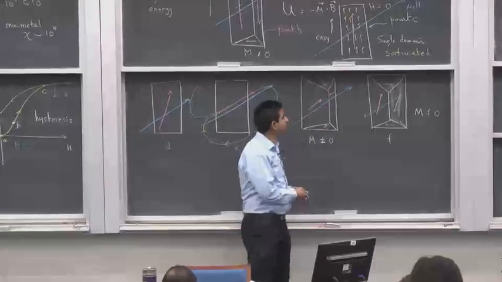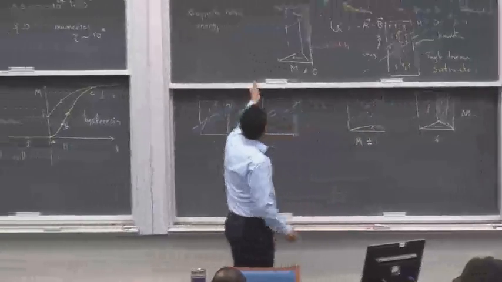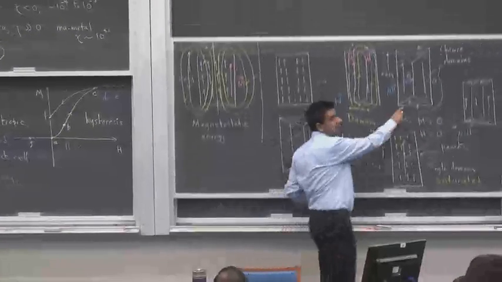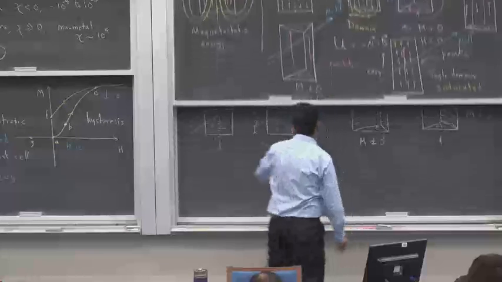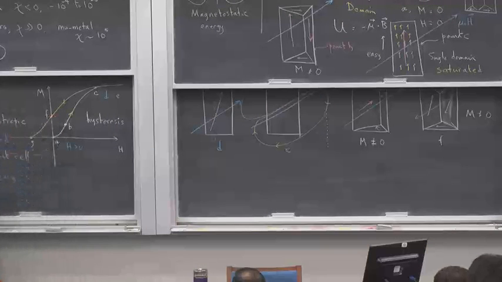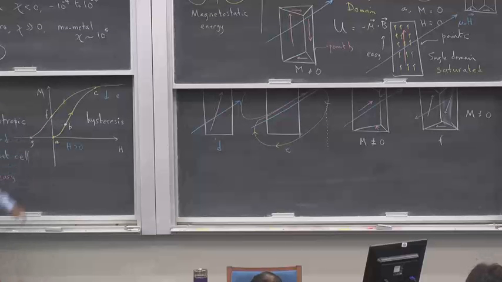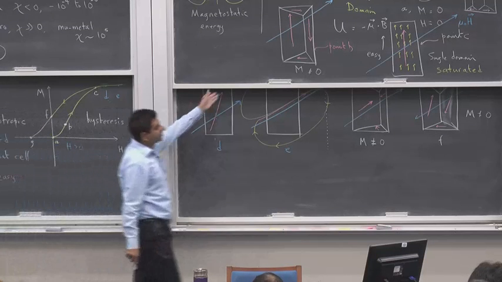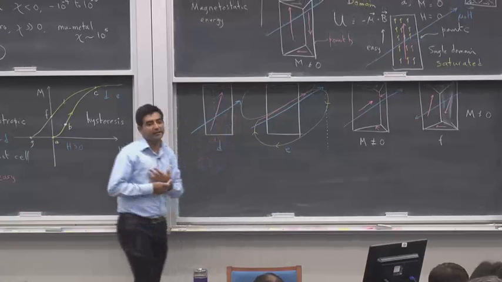This would ensure that you get back a configuration like this. And that ensures that at point G, the magnetization has gone back to zero. So this is a complete description of a magnetization versus H loop for a ferromagnetic material.